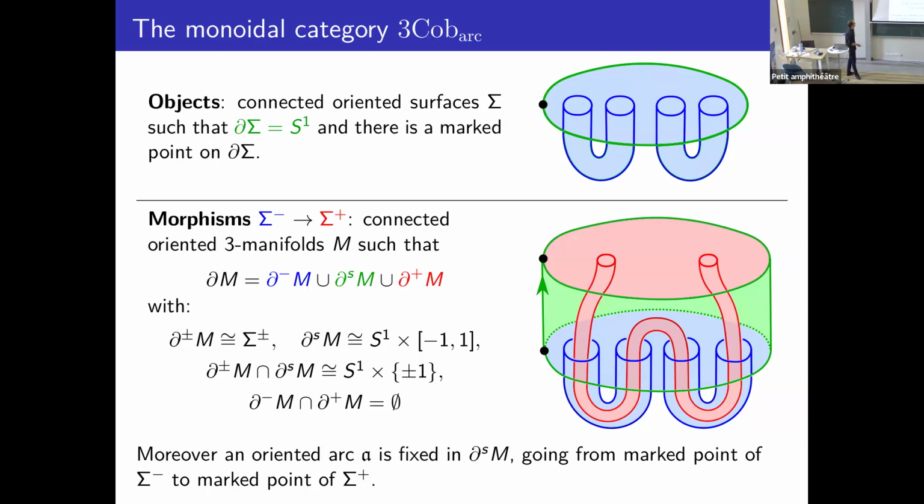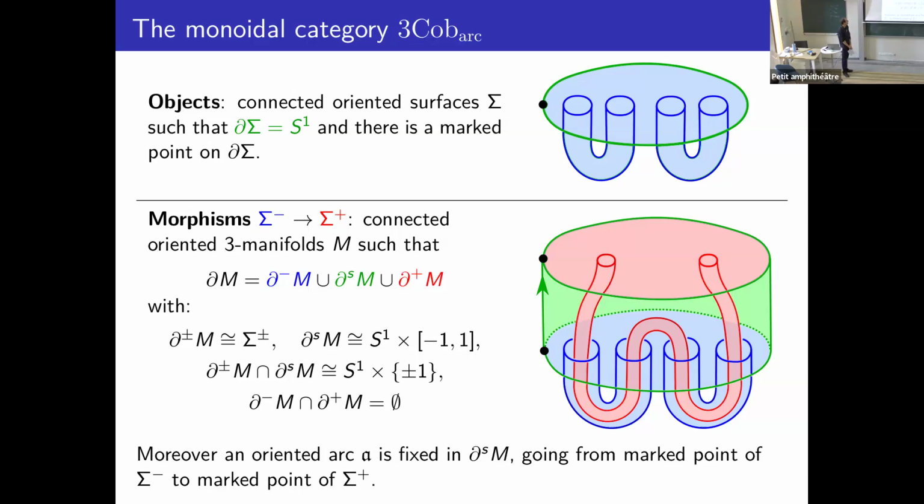And then you require some natural axioms. Of course, the top and bottom boundaries are the surfaces. Then the side boundary of M is the cylinder. And you want the top and bottom boundaries to intersect the cylinder at the circle boundaries of the surfaces, and of course the two surface boundaries do not intersect.